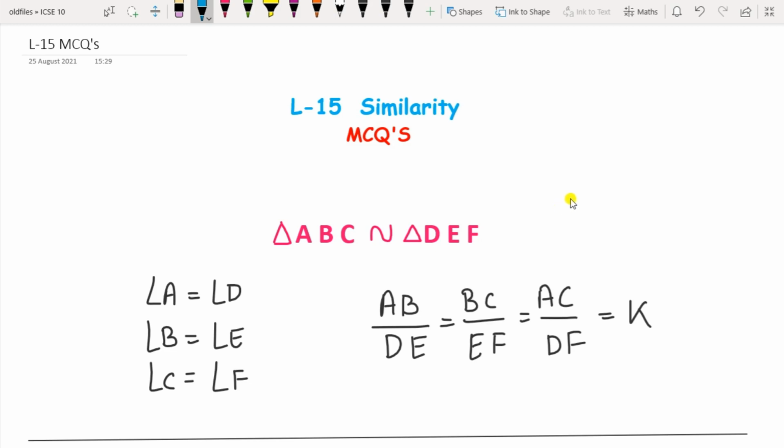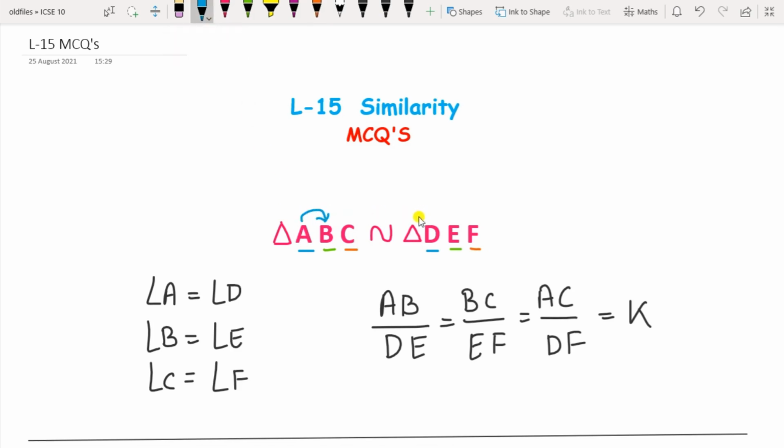Now here you must first get the concept of similarity clear. This is given that triangle ABC is similar to triangle DEF. So what does this mean? In similarity, we write the name of the triangle in such an order that the corresponding alphabets denote the equal angles. So angle A is equal to angle D, angle B is equal to angle E, and angle C is equal to angle F, and the sides are proportional to each other.